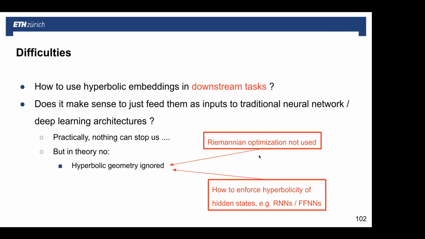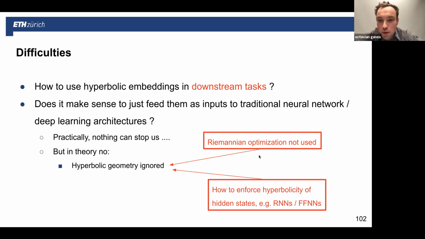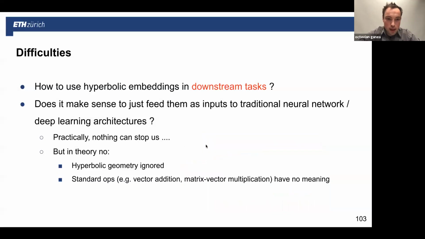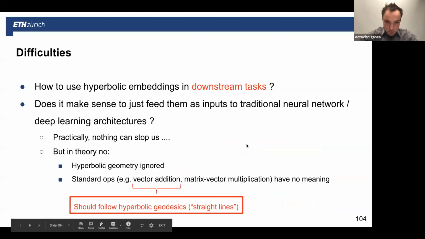So as I said, we have to use Riemannian optimization, and we have to enforce hyperbolicity of, let's say, hidden states if we deal with feed-forward networks or recurrent neural networks. Standard operations like vector addition and matrix-vector multiplication have no meaning in the hyperbolic space.